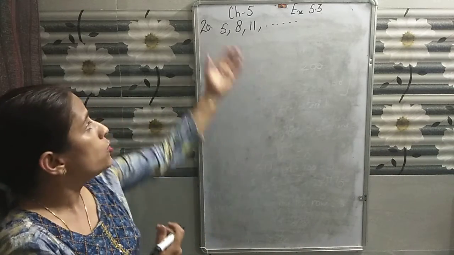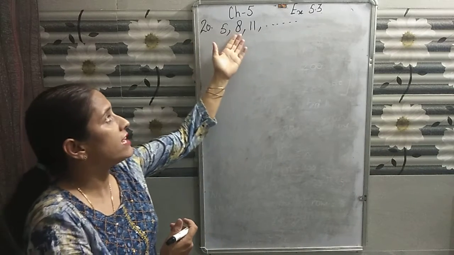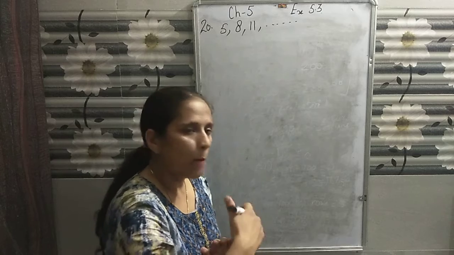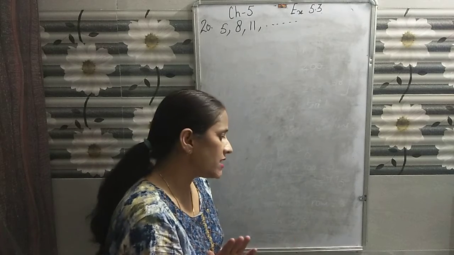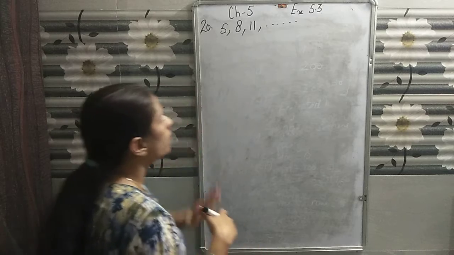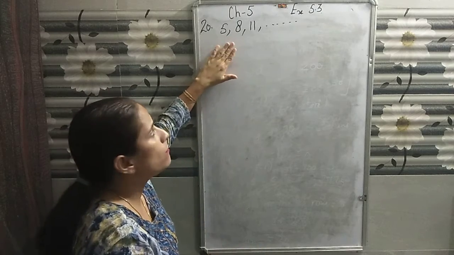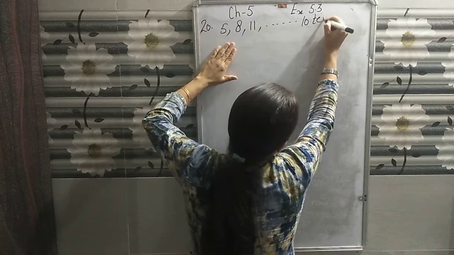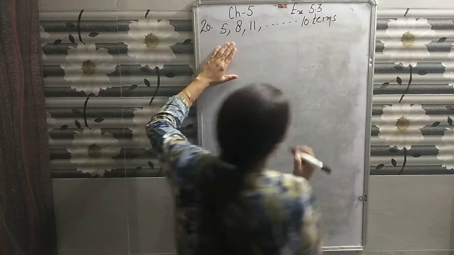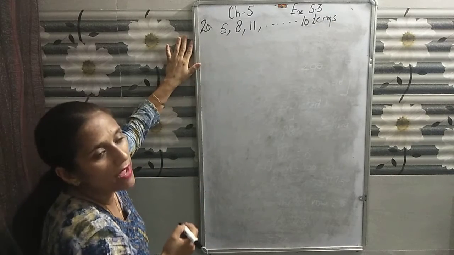Now you are having the series as 5, 8, 11. The competitor is moving around it, but she is returning also. So we have to find the sum of these 10 terms, and we will multiply it with 2. Why will we multiply by 2?